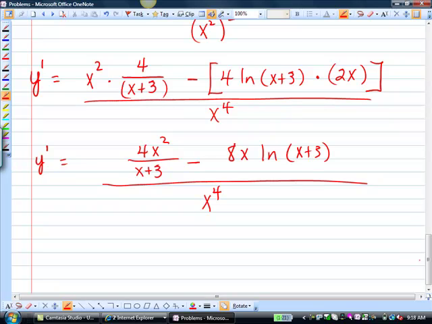Okay. Let's multiply every piece of this by x plus 3 over x plus 3. I'm going to write that here. Every piece by x plus 3 over x plus 3. When I do that here to this piece, what am I left with?